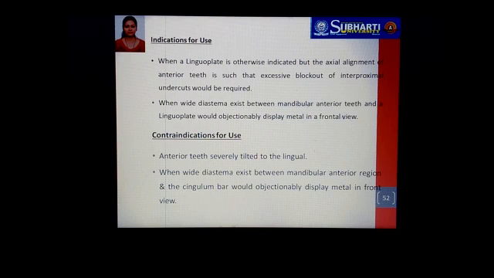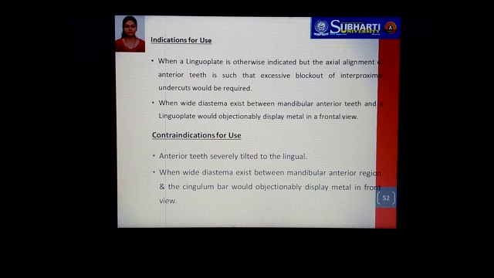Also, when a wide diastema exists between the mandibular anterior teeth and the lingual plate would display objectionable metal in the frontal view, because we know that a lingual plate is going to be extended. It is going to cover the entire sulcus up to the cingulum bar, and if diastema spaces are present, it will be very unaesthetic in appearance.